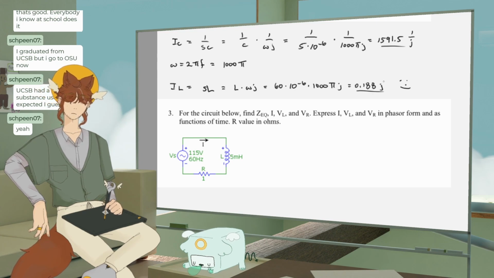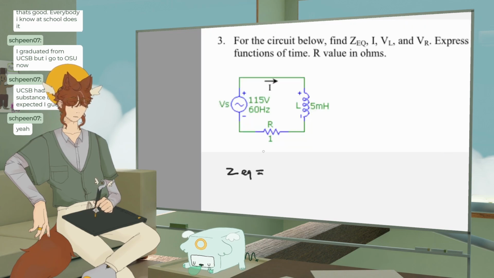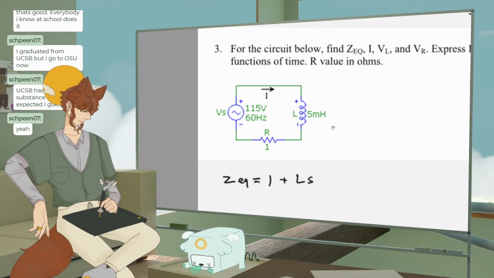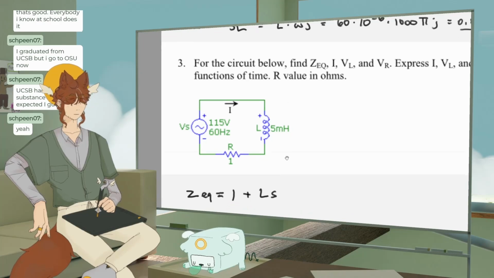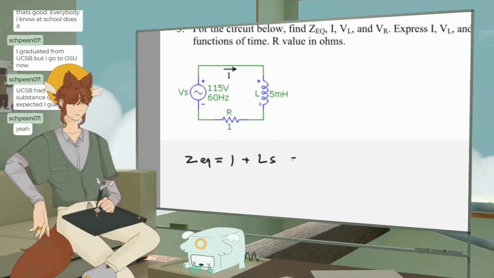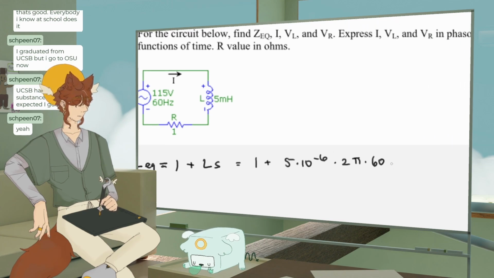Okay, okay. If I say okay enough, then it has to work, right? Okay, so ZEQ equals 1 plus LS. Right? No. Yes. I just wrote it the opposite way, and that still makes it work. Equals 1 plus 5 times 10 to the negative 6 times omega, which is 2 pi f, so 2 pi times 60 hertz times j.